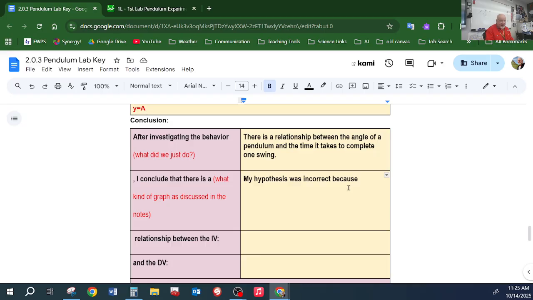My hypothesis is incorrect because the time it takes to complete one full swing is about the same for all angles.